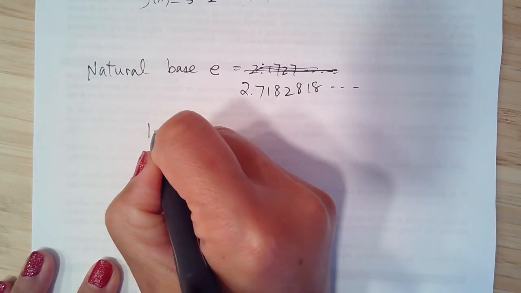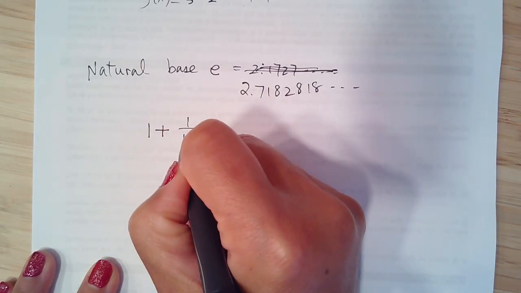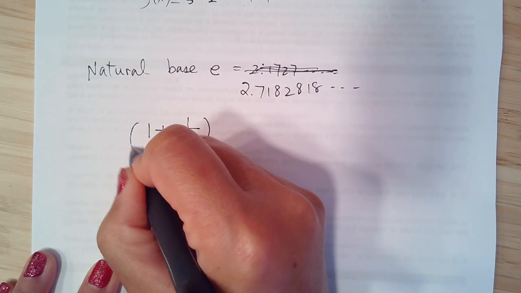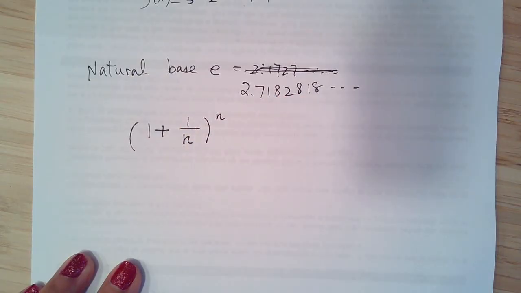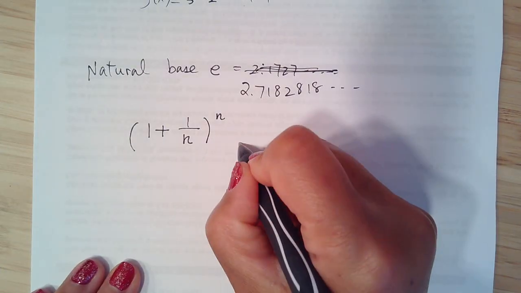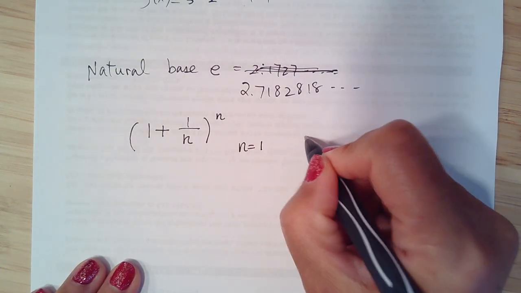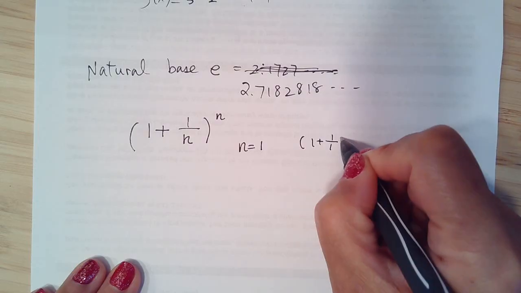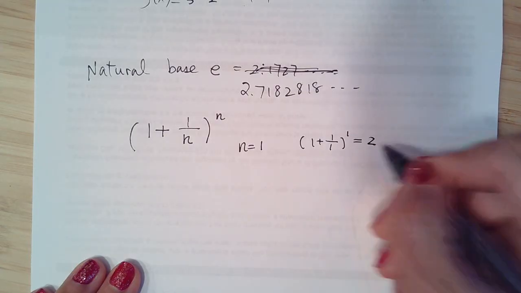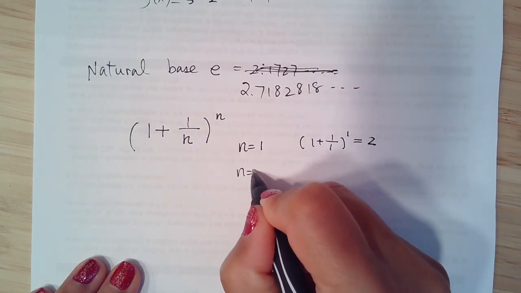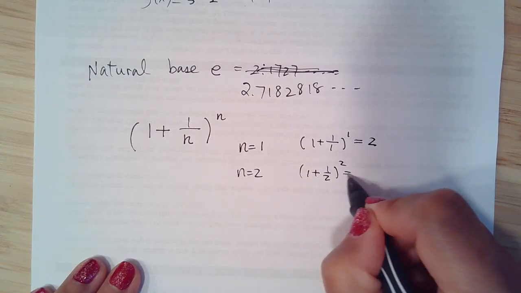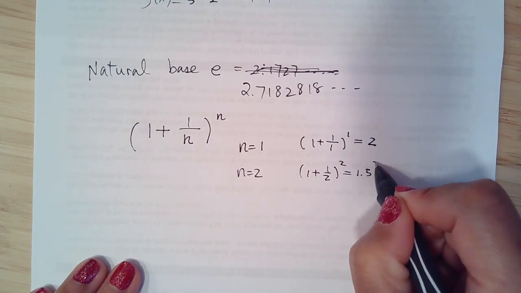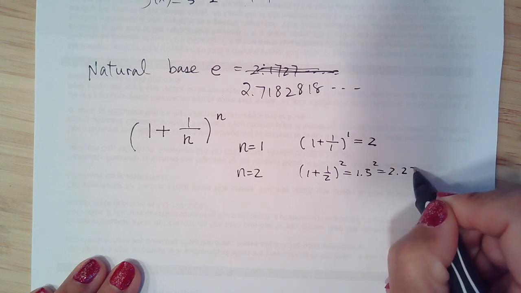It's 1 plus 1 over n, to the nth power. Let's see. If n equals 1, then 1 plus 1 over 1 to the first power is 2. When n equals 2, then 1 plus 1 over 2 to the second power is 1.5 squared, which is 2.25.